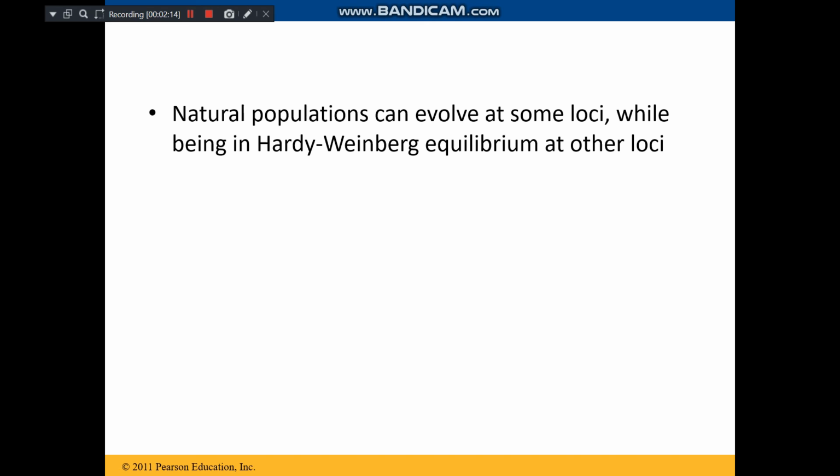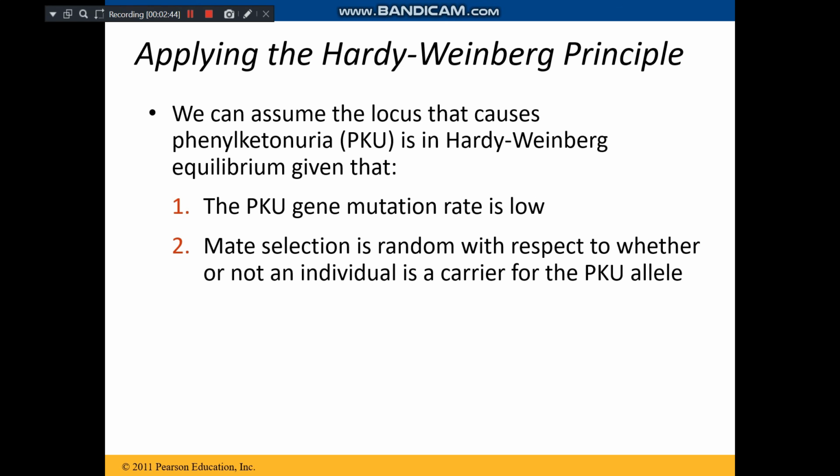But in nature, it is not possible. As a result, natural populations can evolve at some loci. In some loci they may evolve, while in some loci they may maintain the Hardy-Weinberg equilibrium, where there is no evolution.